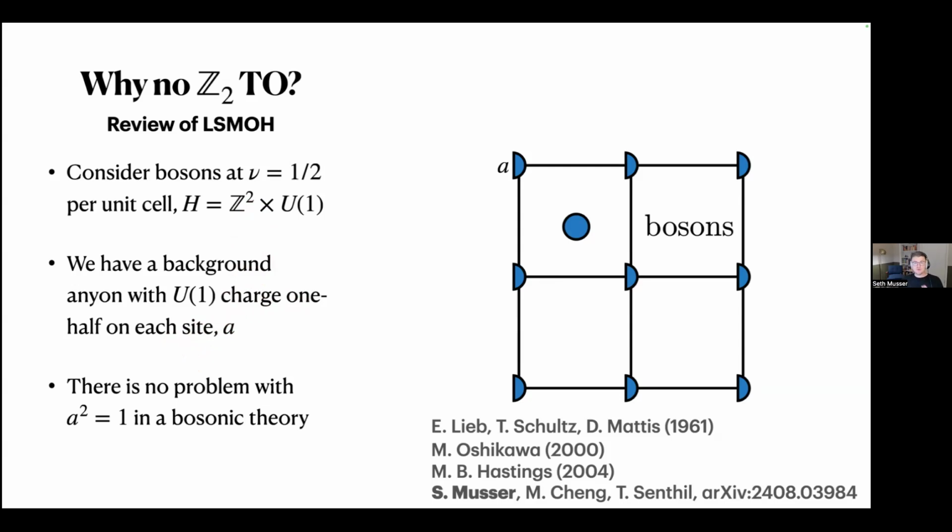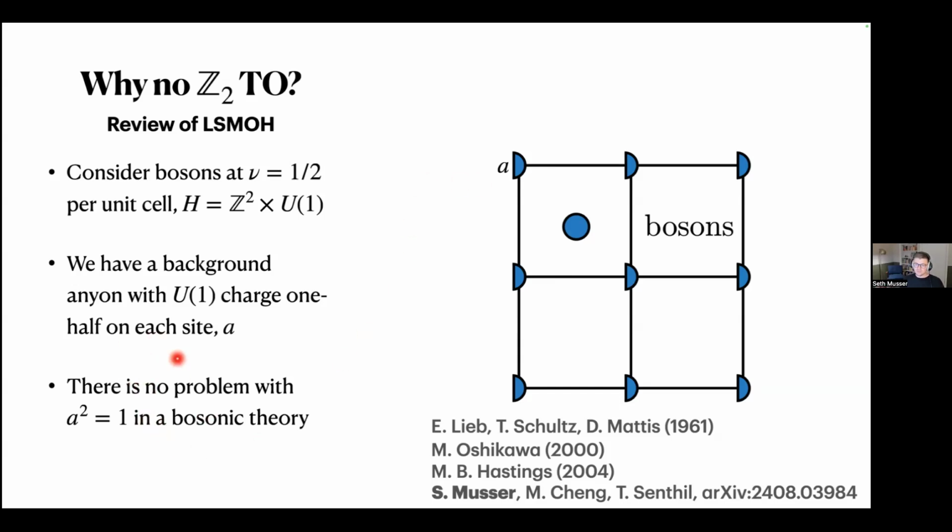If you want to prove this, one way to think about it is if you thread 2π flux, you create a vison, and you can braid that 2π flux around a single unit cell. Because every unit cell contains half charge, that vison will detect that half charge, and there will be a pi braiding phase. So you know that there must be some non-trivial anyon.